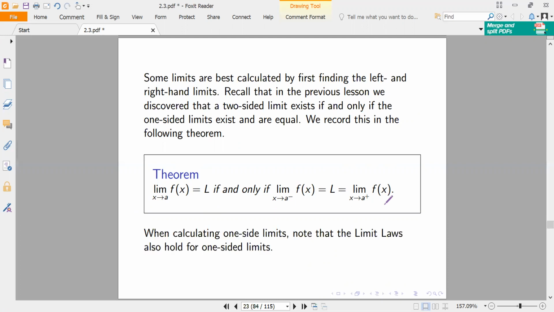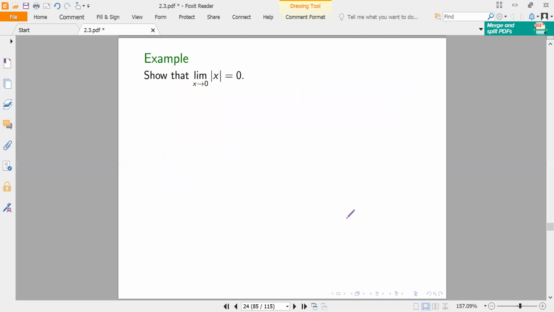So these one-sided limits, we can use limit laws as well. The limit laws that we just did are not limited to two-sided limits, but even if you take one-sided limits, the limit laws still apply.